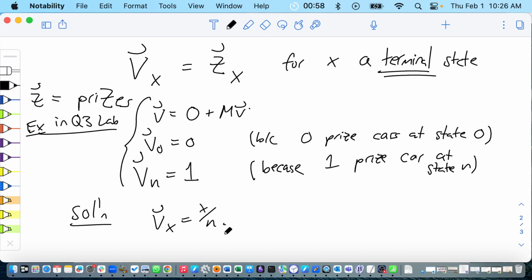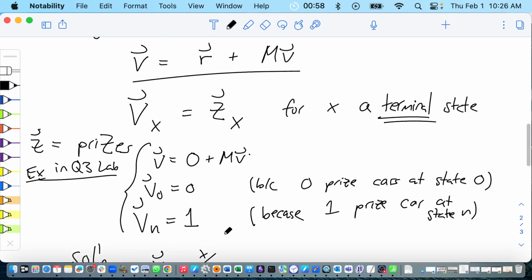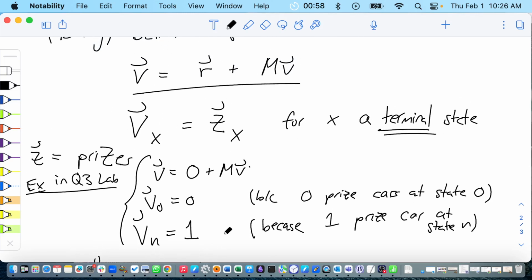And that was the bonus problem from the lab. Okay, so I know this distinction when I'm calling something prizes and something rewards. They're both things you get, right? The only distinction is the rewards you get always and the prizes you get at the end. But otherwise, they're very similar, and they had really similar equations.